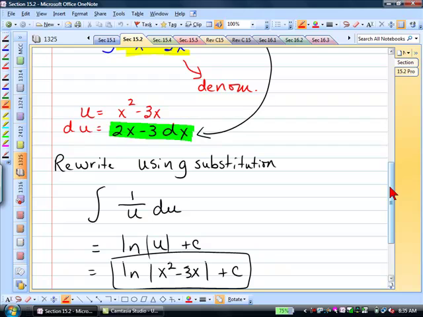So that's equal to ln u plus c. And the last step is to substitute in for u whatever you've said.